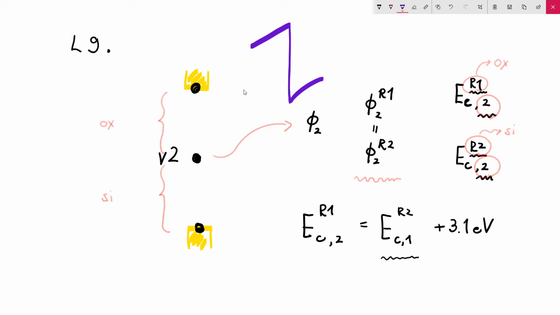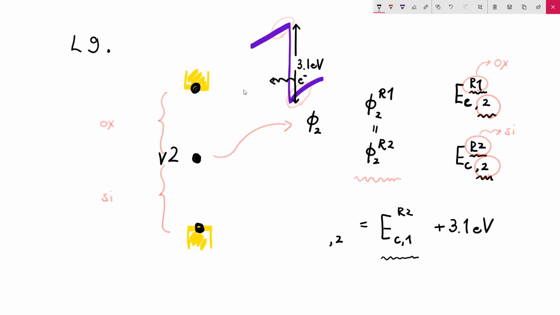For example, don't forget about the difference in the slopes. Anyway, the point is now you have a difference here, and this is 3.1 electron volt, which is a somewhat high value. So we have a very high barrier, and it is difficult for electrons to penetrate into this oxide region. So you remember this.